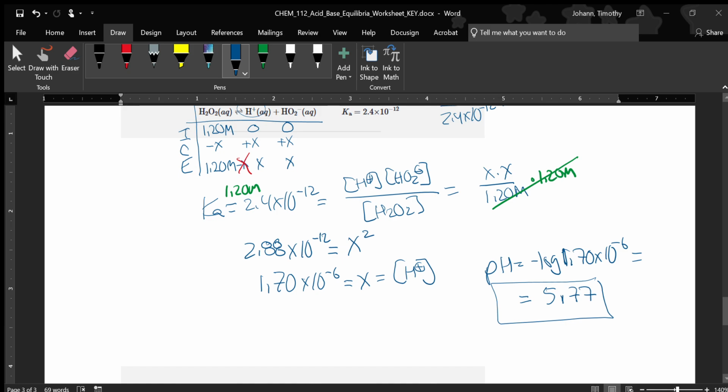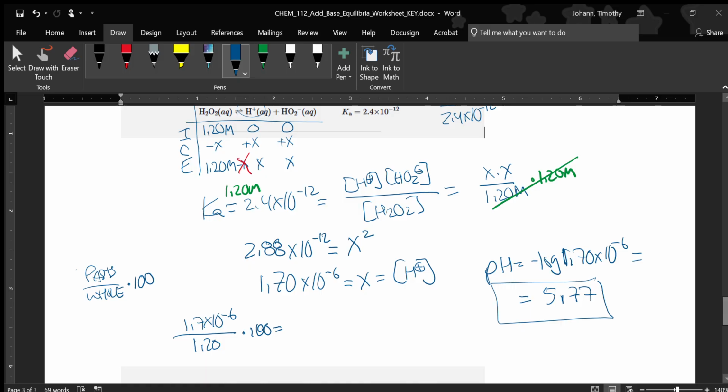All right, so the percent ionization is how much of this stuff dissociates. Well, percent is equal to parts over whole, right, times 100. Well, x is how much dissociated. So I've got 1.7 times 10 to the negative 6 over 1.20 times 100.